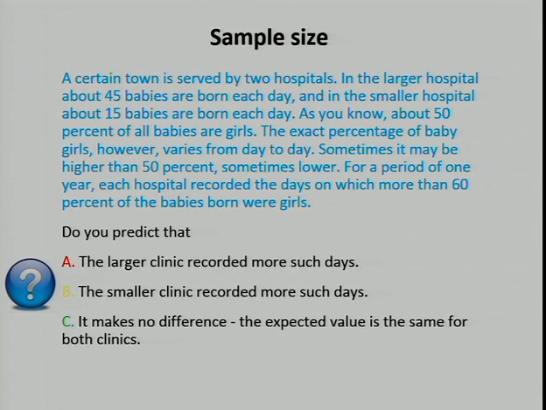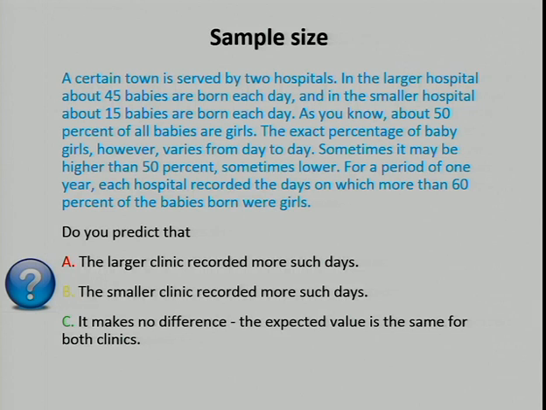What would you predict? A: the larger clinic will have more such days, B: the smaller clinic will have more such days over a year of an atypical result, or C: it just doesn't matter, because we're looking at a whole year and maybe they come out roughly the same. How many people think it's A? Just a show of hands.